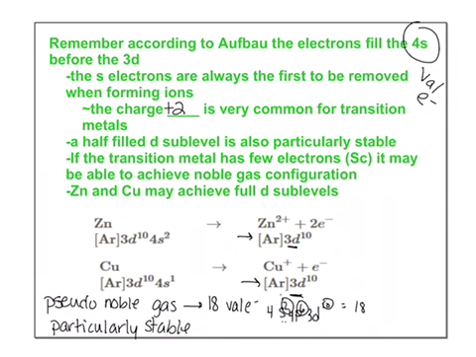When you're looking for that pseudo noble gas electron configuration, you're looking for the outermost s sublevel being full, the outermost p sublevel being full, and the outermost d sublevel being full. All 3 of them would need to be full to have that pseudo noble gas electron configuration. The regular noble gas electron configuration would have just 8 valence electrons.